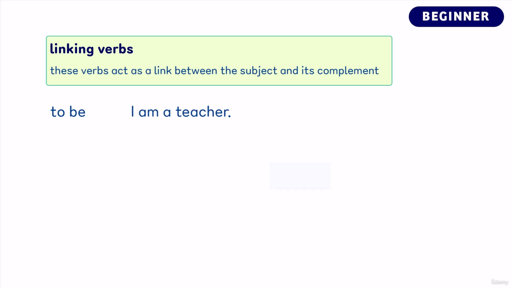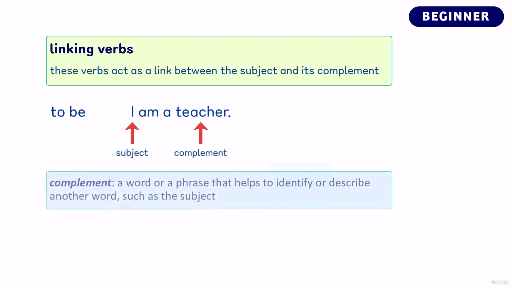In this sentence, the linking verb is the verb to be, and we use am because the subject is I. And the verb helps to connect the subject I to its complement, a teacher. A complement is a word or a phrase that helps to identify or describe another word, such as the subject. So that's what linking verbs do. They link the subject and its complement.